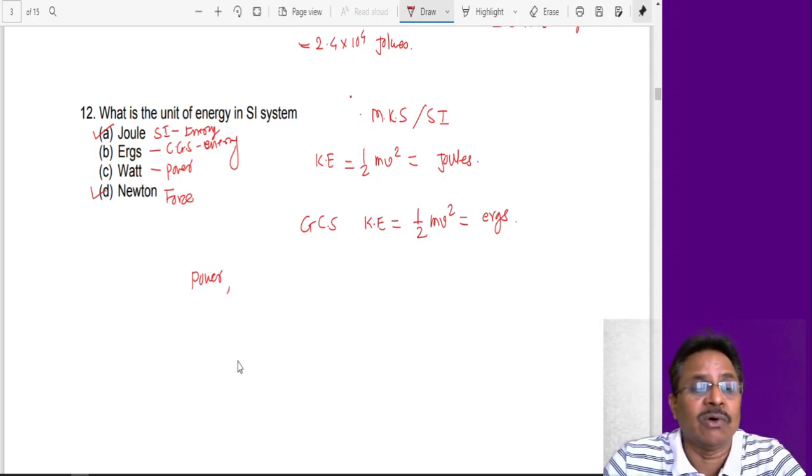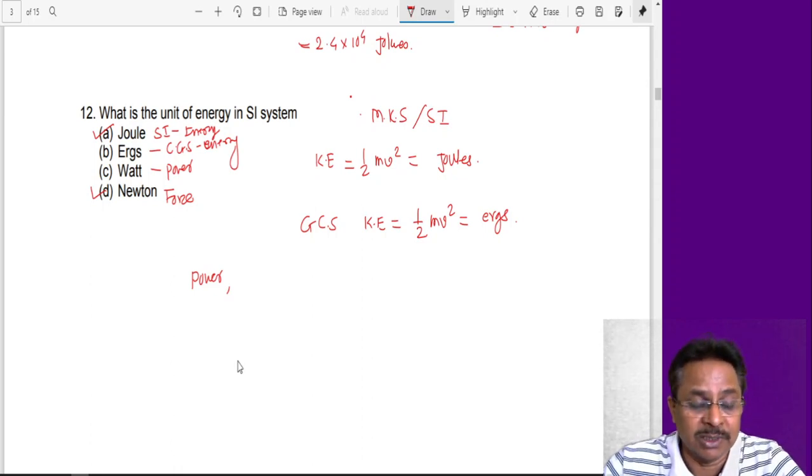Joule is correct for energy in SI unit, erg may be correct for CGS unit of energy, watt is correct for power, and for force the unit is Newton. So such very common, simple physical quantities and their units in CGS, MKS may be asked.